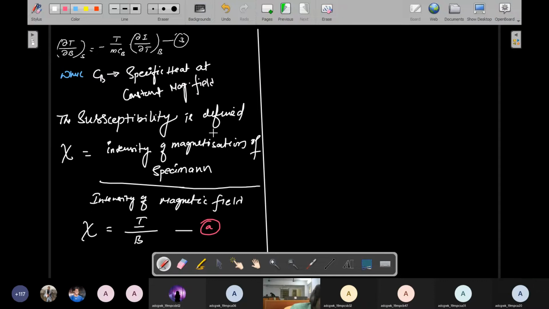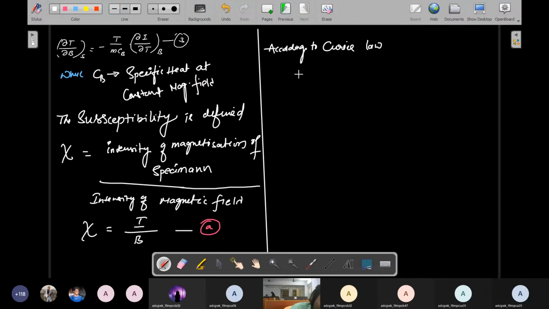At the same time, I'll consider Curie's law also. According to Curie's law, what is the susceptibility?